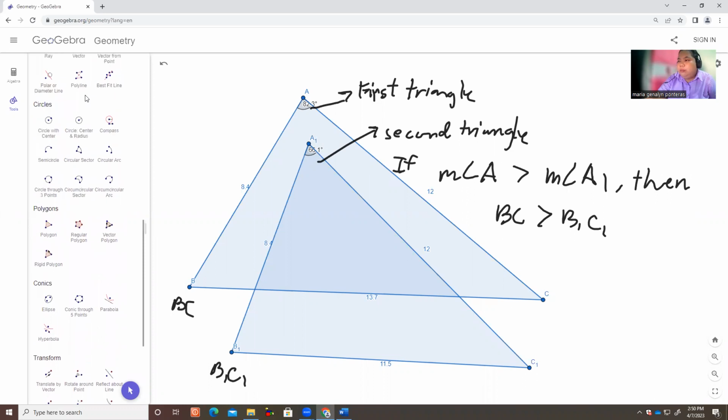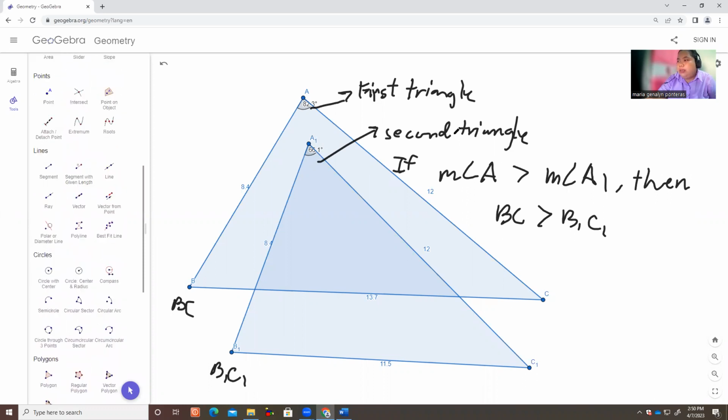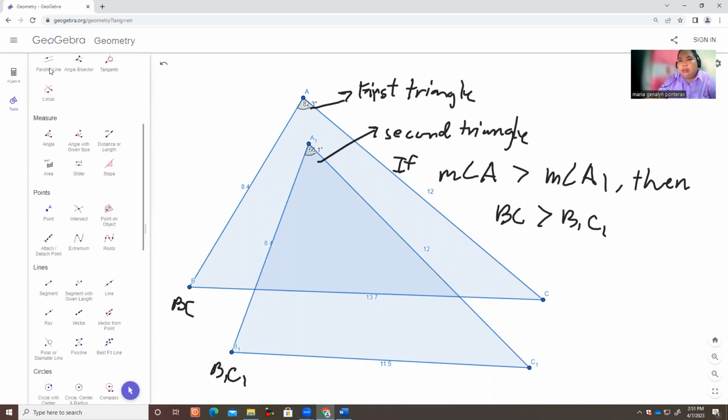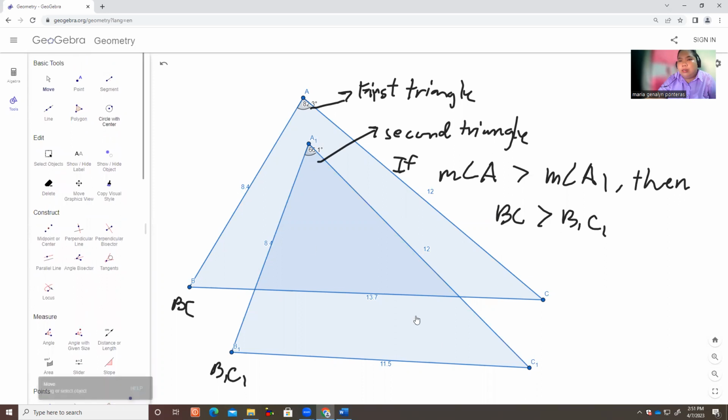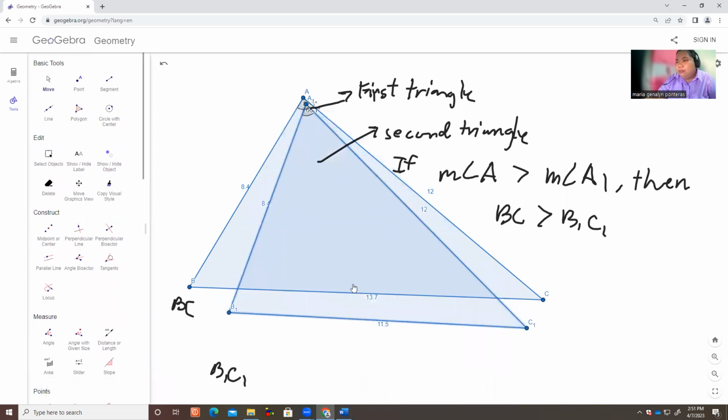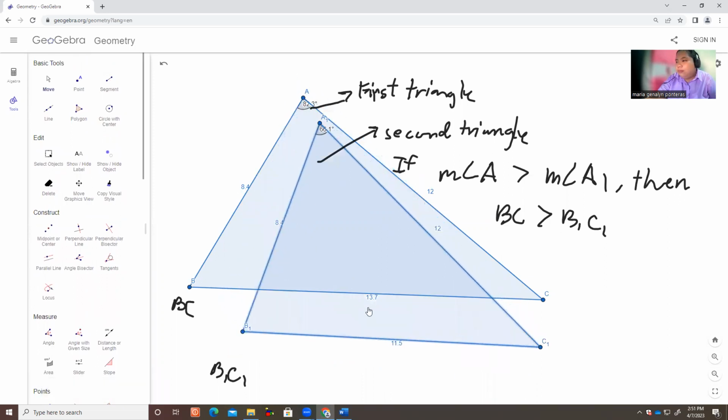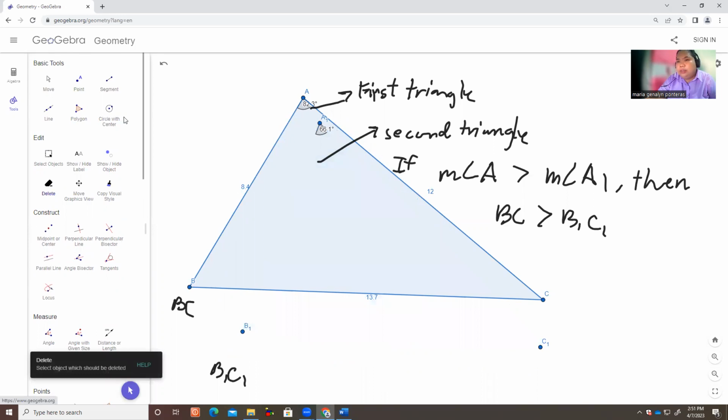Okay. So vice versa, conversely, if we have another case, let's say lalakihan mo siya. Kung lalakihan naman natin siya, balik natin. I think burahin natin to. Tapos duplicate.